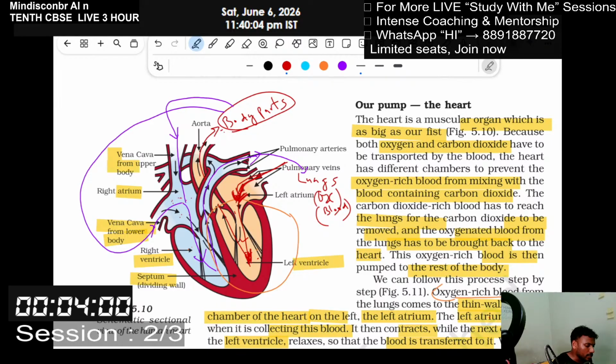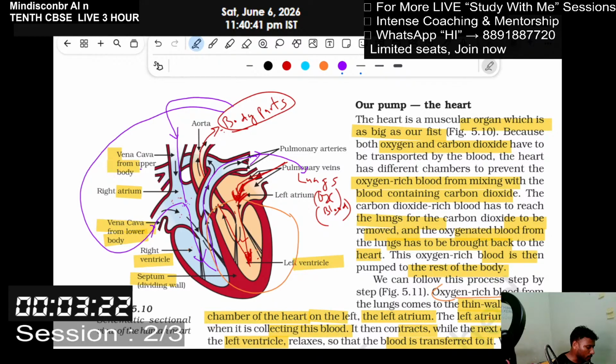What happens in body parts? If it reaches my fingers, there are different cells, and from the oxygenated blood the cells take the oxygen and produce energy, and the carbon dioxide from that cell is passed through the blood plasma or deoxygenated blood, and it comes to the right atrium through different vena cava.